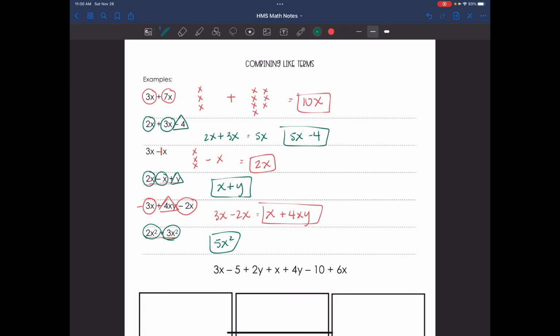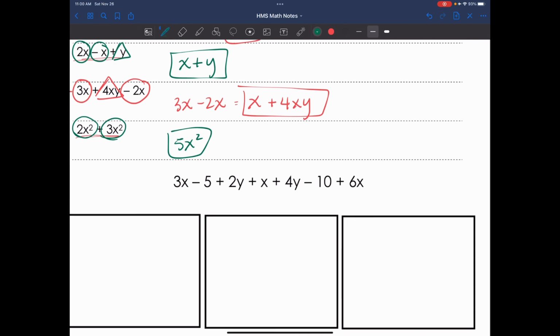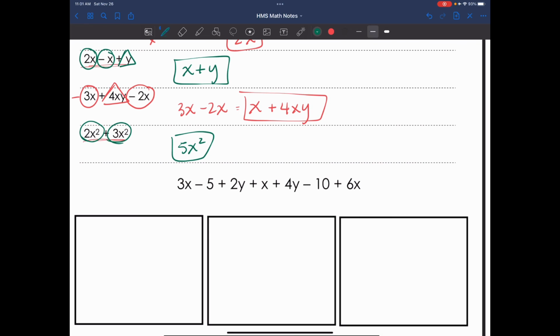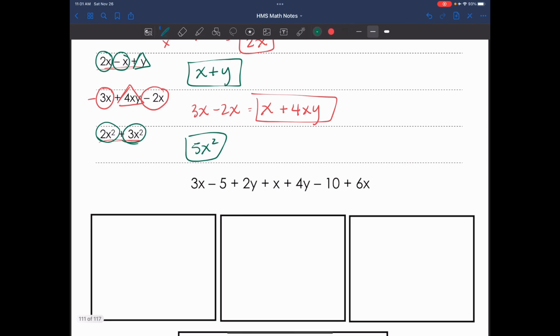All right, if you've got a really, really big long one like this guy, 3x minus 5 plus 2y plus x plus 4y minus 10 plus 6x. That's a lot. So I'm just going to break it up by how many different terms I see. I see the 3x. So I'm going to circle all the ones that just have one x in it and pull those out and do those separately. So here's my x's.